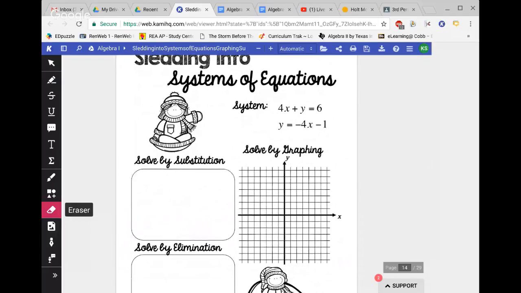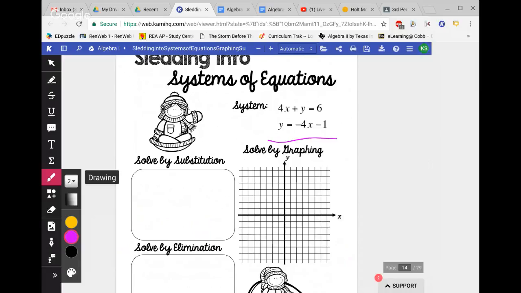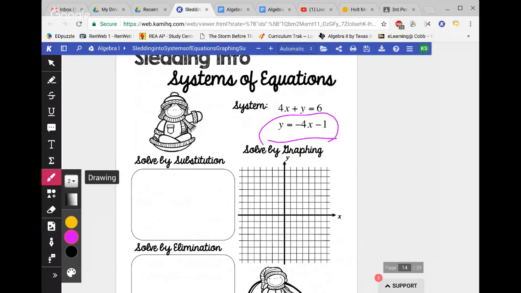Okay. Now on this one, we have 1 in slope-intercept form. So that's this one. So let's graph it. What's the y-intercept on that one? -1. Yes, ma'am. What's the slope? -4x.